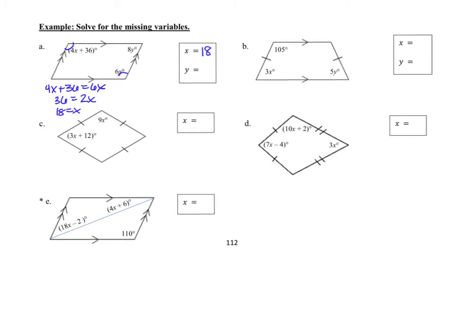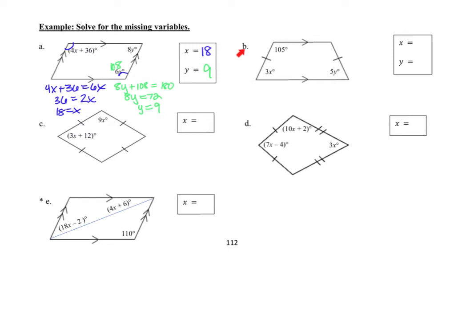So 6 times x, or 6 times that 18, that's going to give me the measurement of that angle, which is 108. Now I can add these two together, and set them equal to 180 because of the parallelogram consecutive angles theorem. So 8y plus 108 is equal to 180. Subtract the 108 from each side, you get 8y is equal to 72. Divide by 8 on each side, you get y is equal to 9.